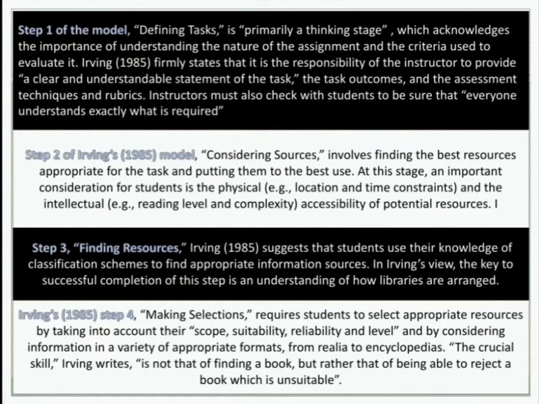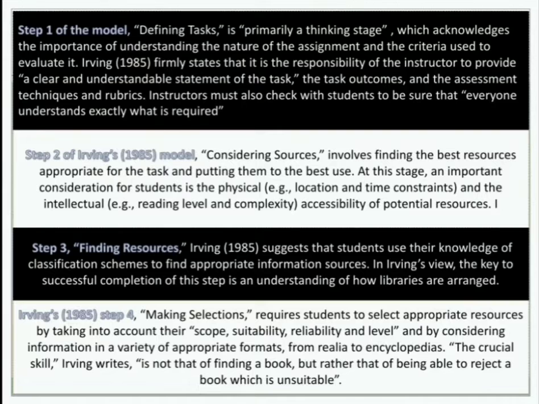Step 3, finding resources. Irving 1985 suggests that students use their knowledge of classification schemes to find appropriate information sources. In Irving's view, the key to successful completion of this step is an understanding of how libraries are arranged.